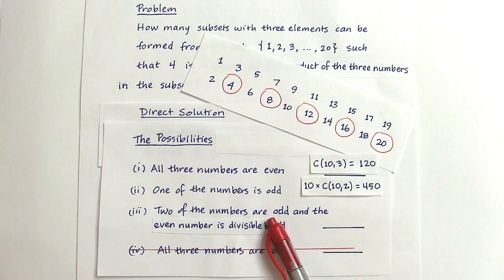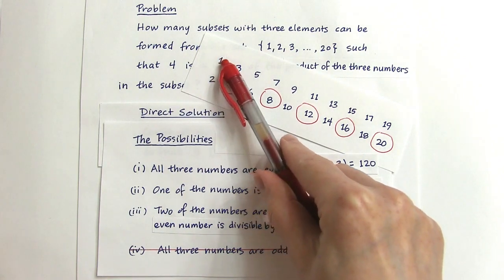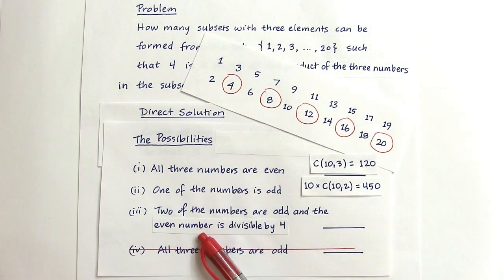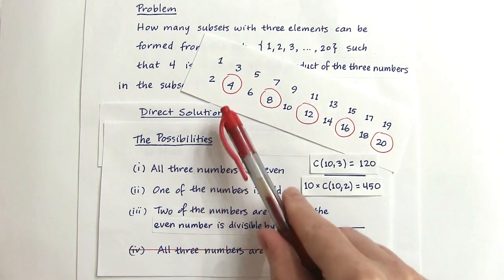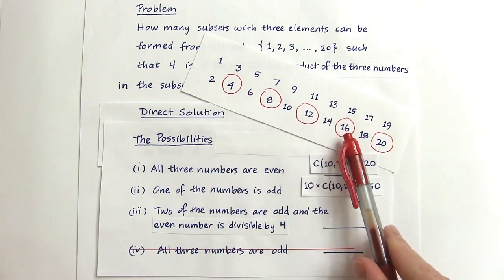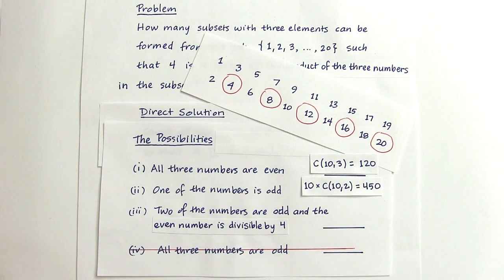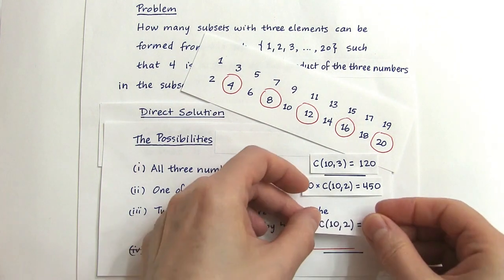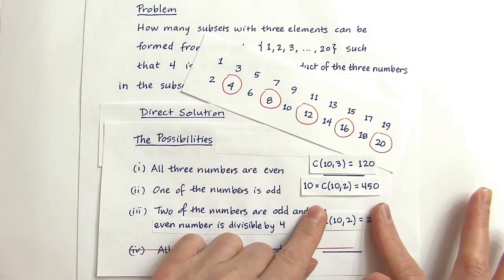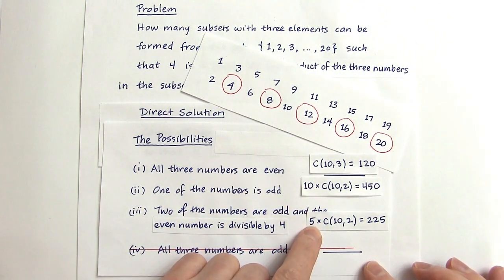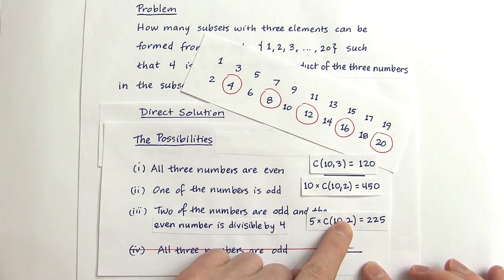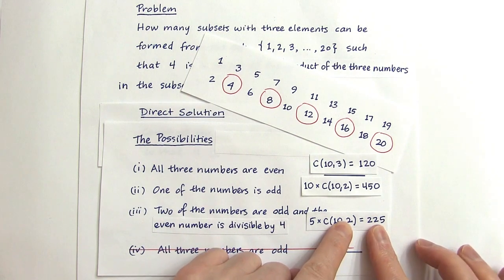So if 2 of the numbers are odd, that's 10 choose 2, and if one of them is even but divisible by 4, that's 5 of these even numbers here, and we're only choosing 1, so that's 5 choose 1. This is like example 6, when we worked out the answer for that problem. So 5 choose 1 times 10 choose 2, and the answer was 225.